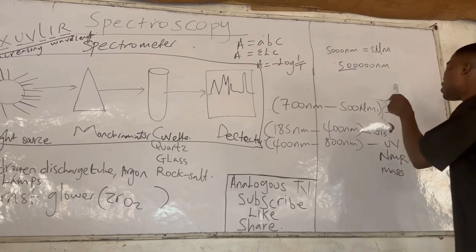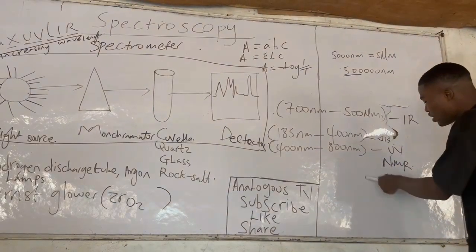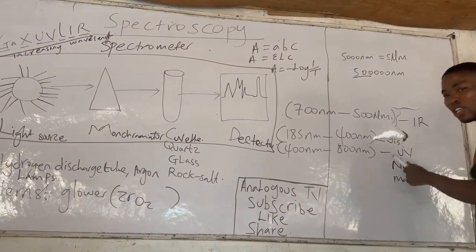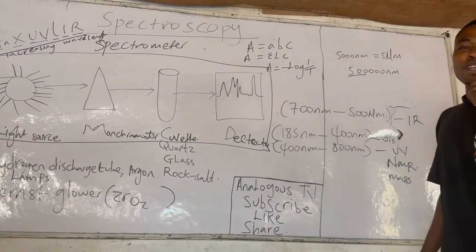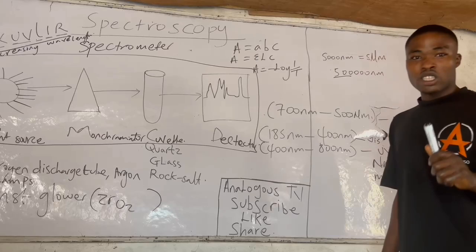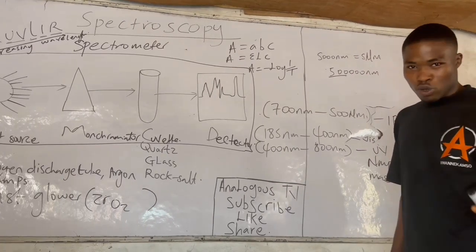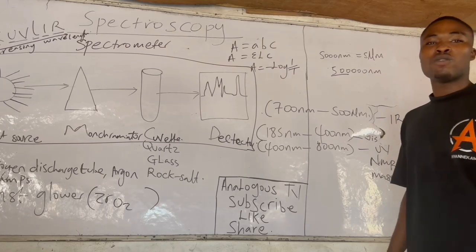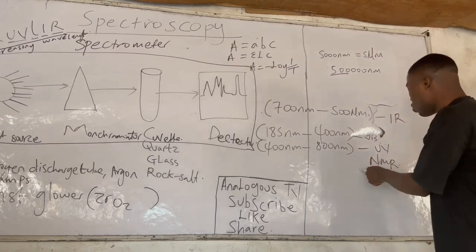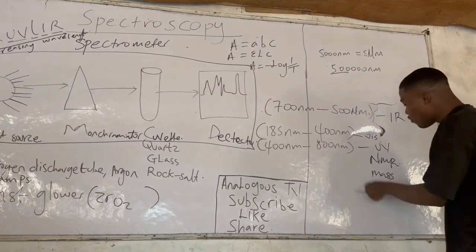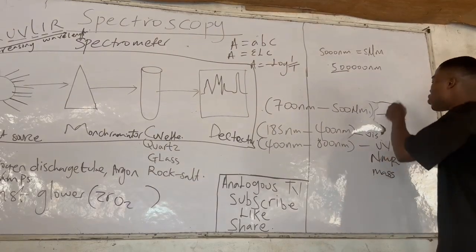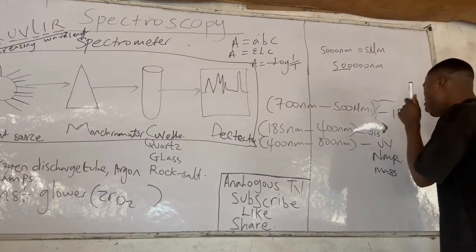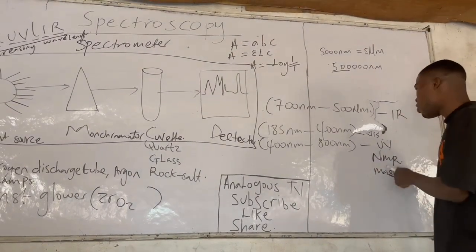Mass spectroscopy is not a true spectroscopy technique because it does not use radiation, it does not use a light ray. It uses fast-moving electrons to split the molecules and get the various masses of the elements present. So the true forms of spectroscopy are IR, visible, UV, and NMR spectroscopy.